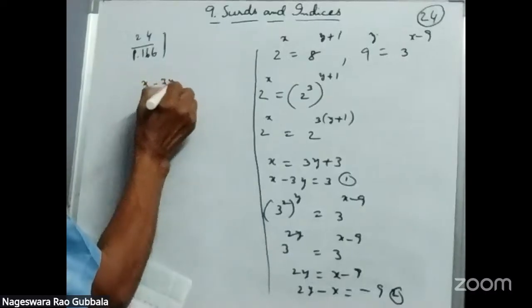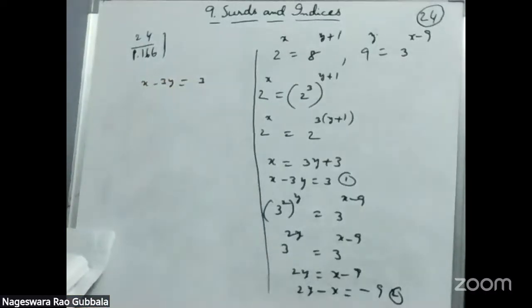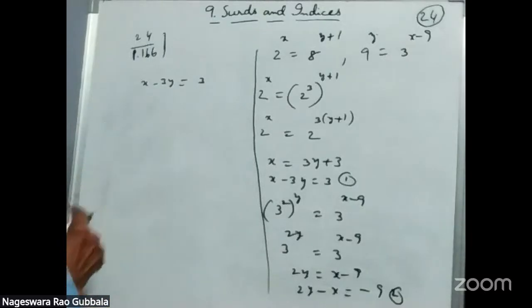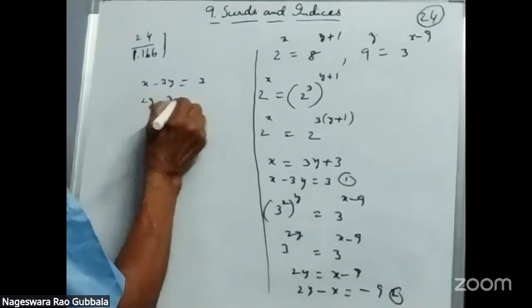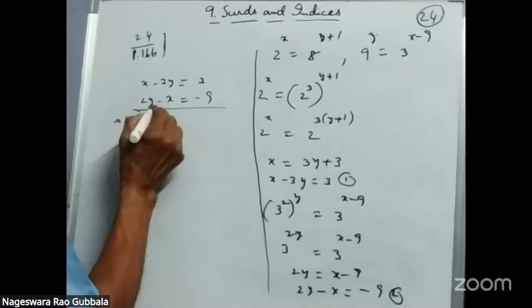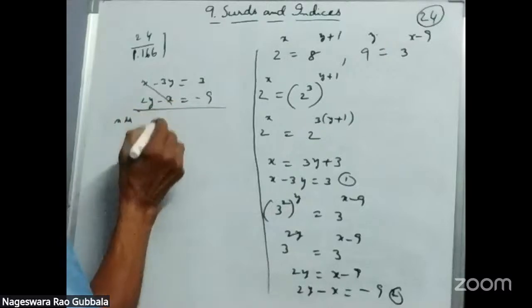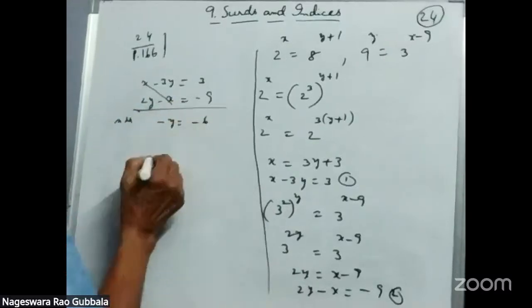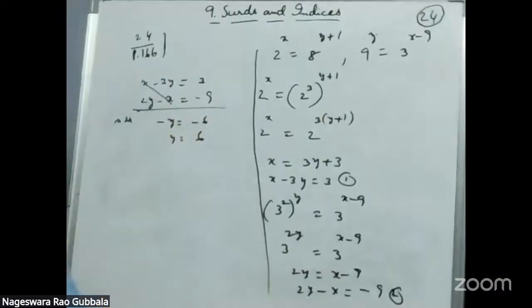x minus 3y is equal to 3. 2y minus x is equal to minus 9. Adding: minus y is equal to minus 6. y is equal to 6.